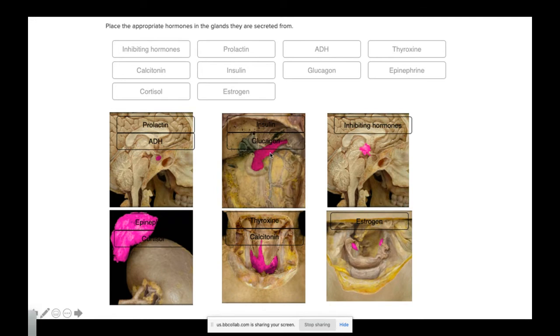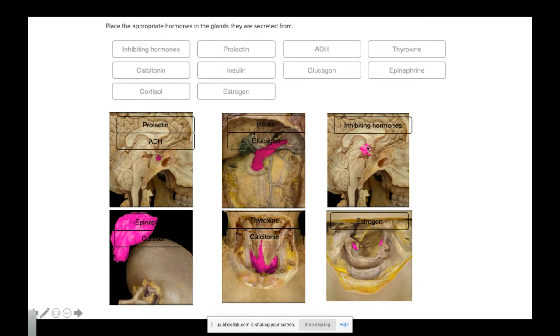All right, now we're looking at the pancreas, and the pancreas is composed of a bunch of cells. It's not being specific here. They're just talking about insulin and glucagon. Insulin is designed to decrease blood sugar, whereas glucagon is designed to increase blood sugar.